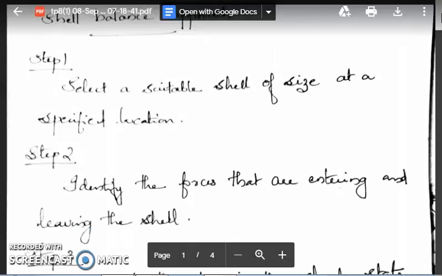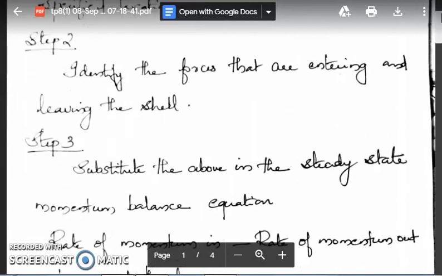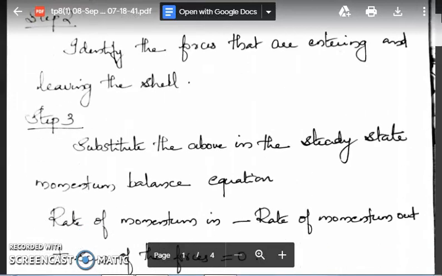Then the next step is we have to use the steady state momentum balance equation, that is rate of momentum in minus rate of momentum out plus sum of forces is equal to 0. So after identifying the shell and identifying the forces that are entering and leaving and all, you have to substitute this in the steady state momentum balance equation. That is the third step.